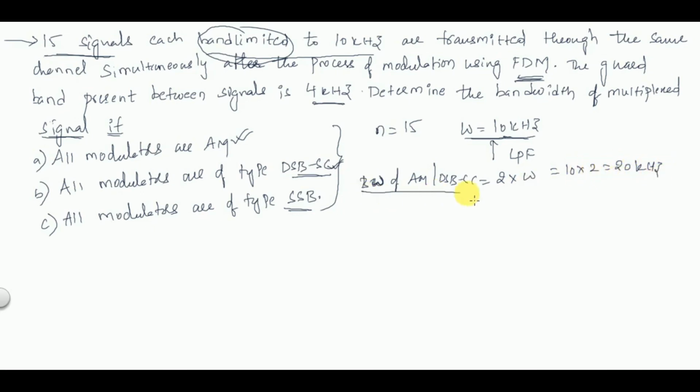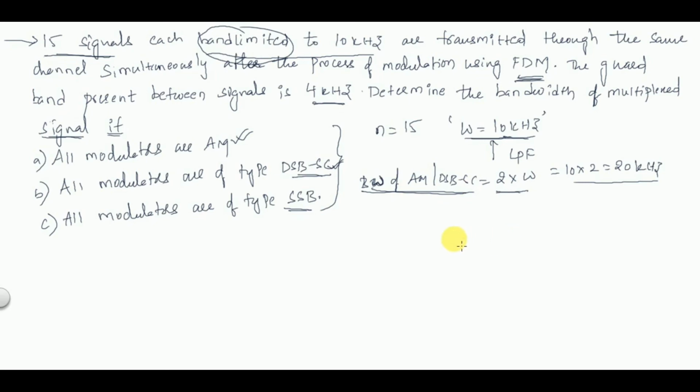So after the process of modulation, the bandwidth required for each signal is 2W, which is equal to 20 kilohertz. Then these signals are passed through the channel using FDM.